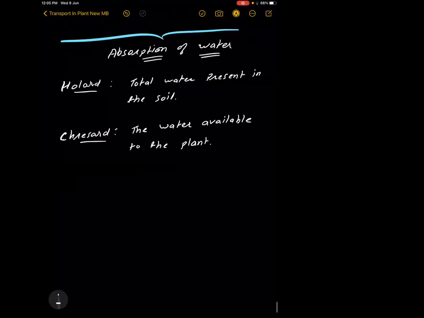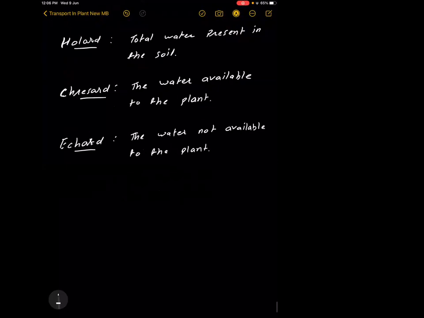And the next term is Ecard. It means the water which is not available to the plant. Clear? So water not available to the plants. Fine. Hollard means what?